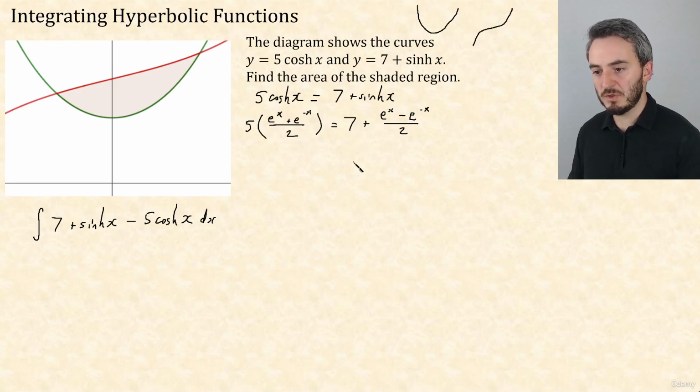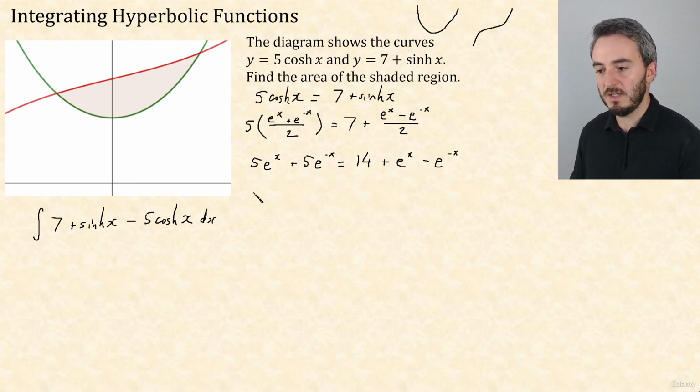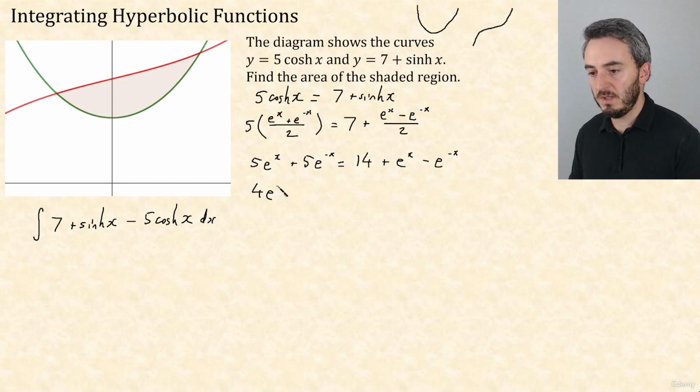Multiplying by 2, I get a 14 here, and the divide by 2 goes, leaving e to the x minus e to the minus x. Here, doubling gets rid of that 2, leaving 5 e to the x plus 5 e to the minus x. Let's get all of this onto one side. That'll be 4 e to the x minus 14 plus 6 e to the minus x equals 0.